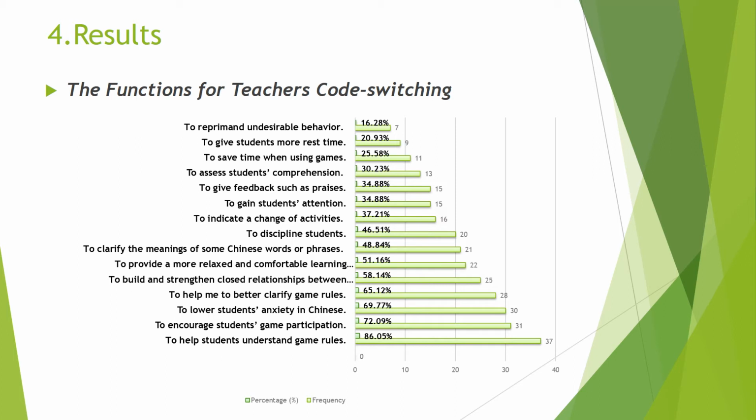The second main function is to encourage students' game participation. The third is to lower students' anxiety in the Chinese classroom. The fourth is to help teachers better clarify game rules.